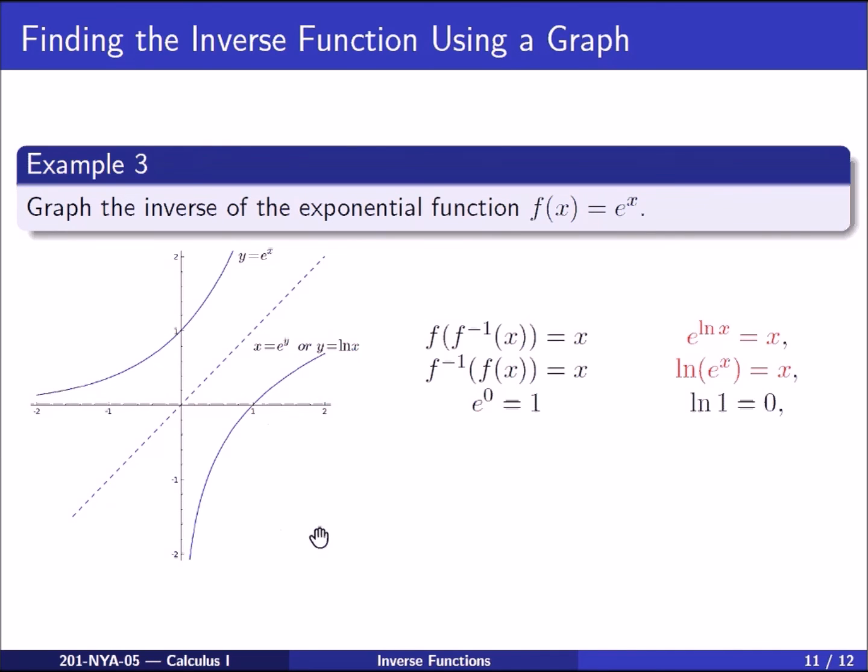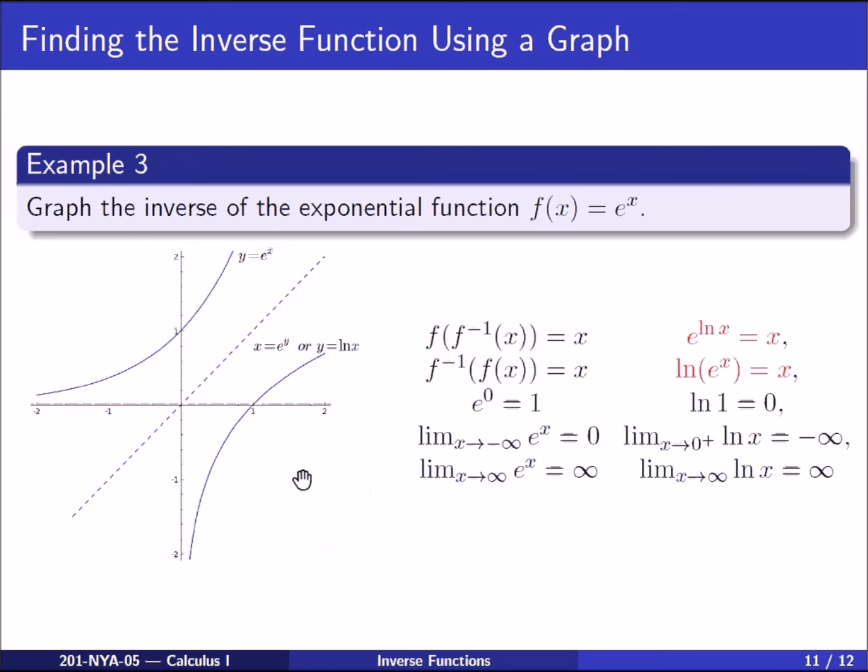We can also notice other relationships when looking at the behavior of the exponential function when x is large and negative or large and positive. As x approaches minus infinity, e to the x approaches 0, because the x-axis is an asymptote here, which means that by reflecting that part of the curve across the line y equals x, I'm getting that part of the curve here. So that means that the y-axis now is an asymptote here.